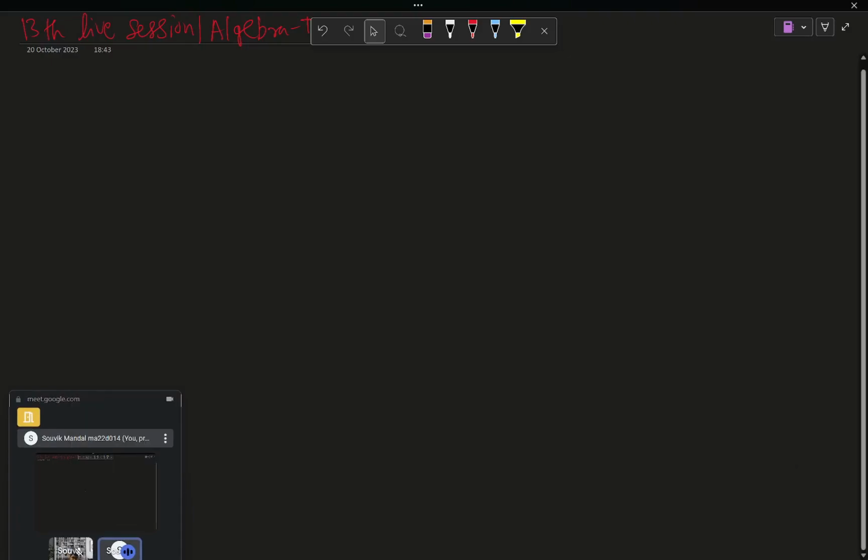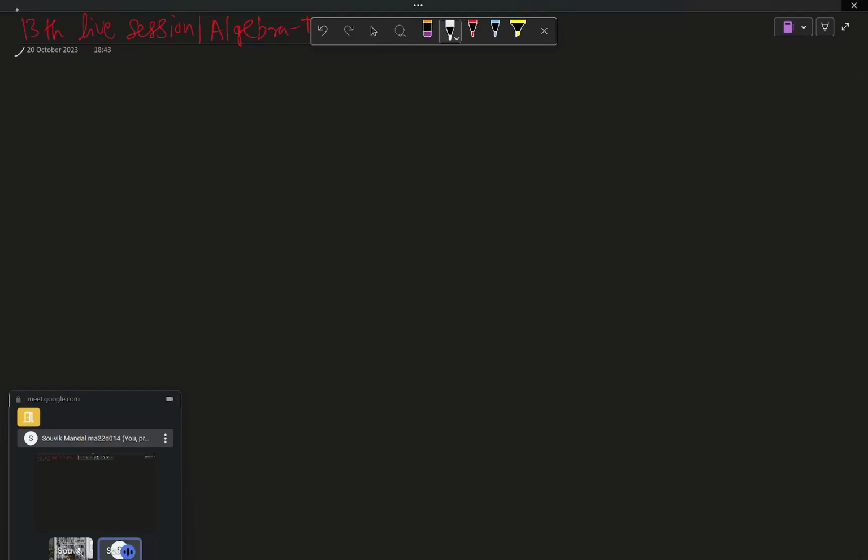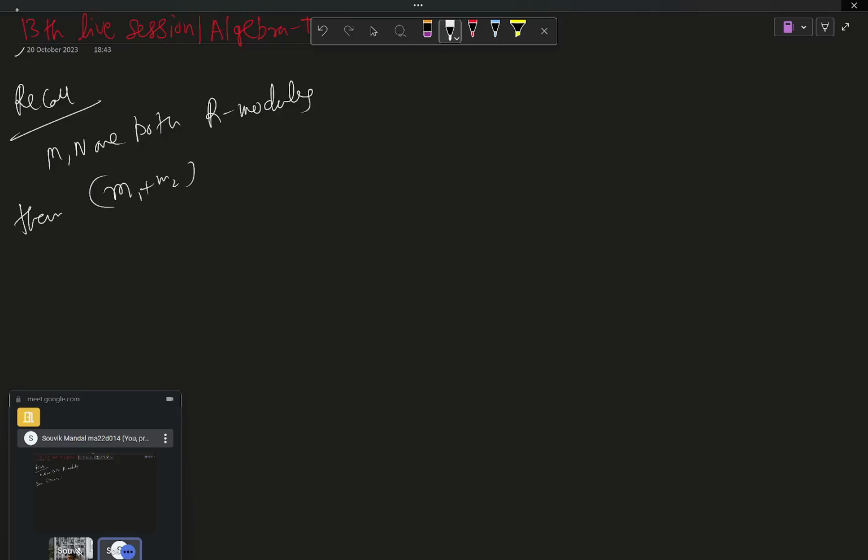So the first question. I think it's good to recall some properties. Suppose M and N are both R modules. Then we have (M1 + M2) tensor n = M1 tensor n + M2 tensor n.